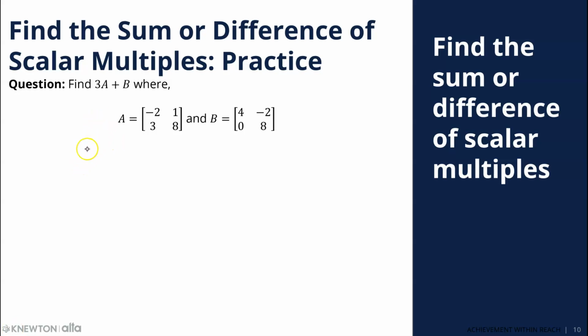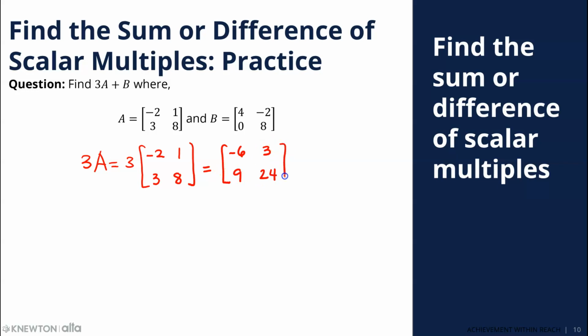We obtain that by multiplying each element in A by 3. So 3A is equal to 3 times the matrix A, negative 2, 1, 3, 8. And this is equal to negative 6, 3, 9, and 24.